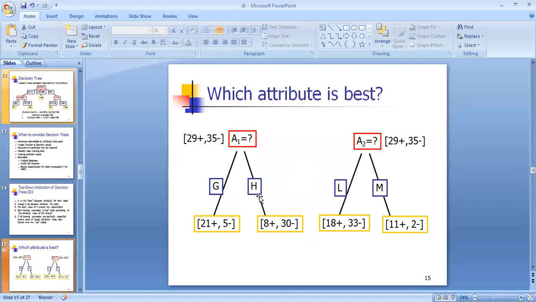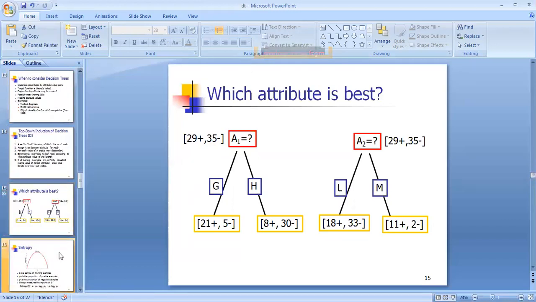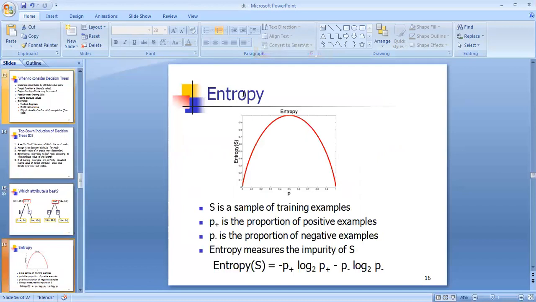So which attribute is best? Now you have to tell me. You have to decide which attribute is best. To understand that, you have to go with a new concept called entropy.